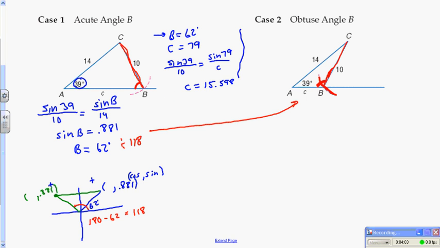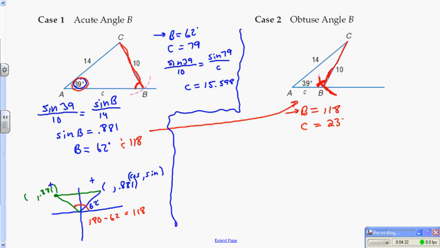Now let's do the other scenario. What if angle B is equal to 118? And that would make angle C then 180 minus 39 minus 118, which will give us angle C of 23 degrees instead.